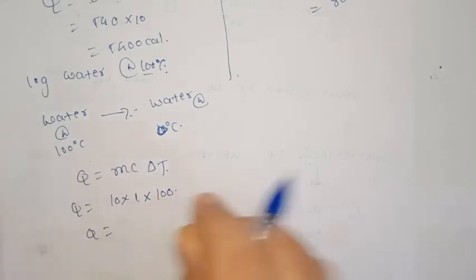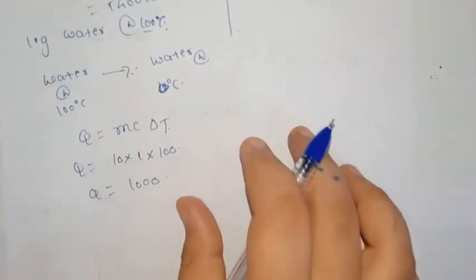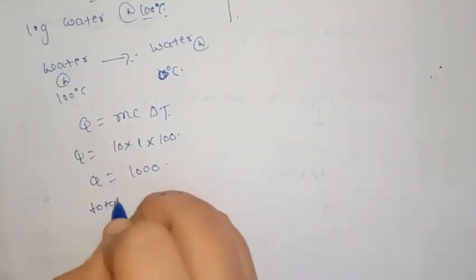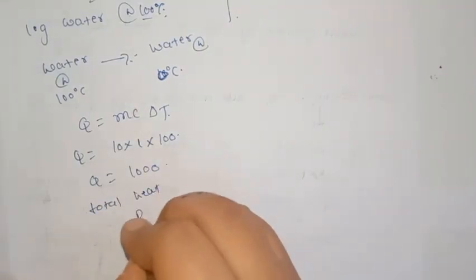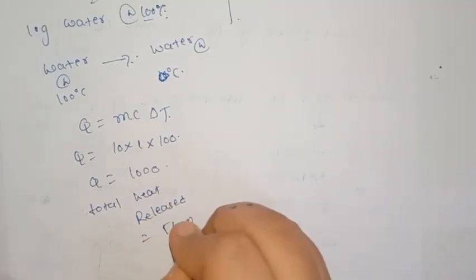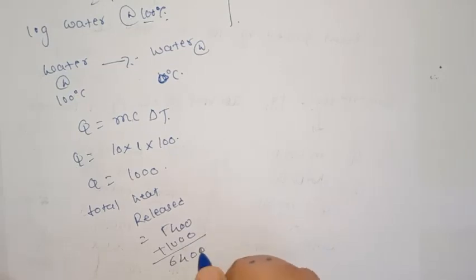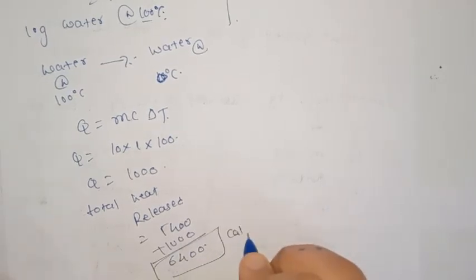So Q will be equal to 1000. So total heat released will be equal to 5400 plus 1000, that will be equal to 6400 calorie.